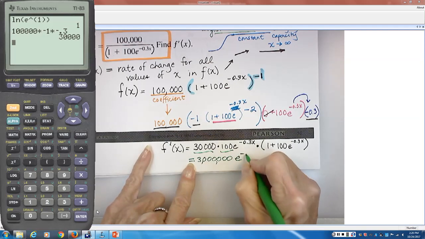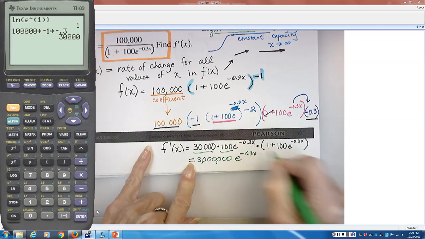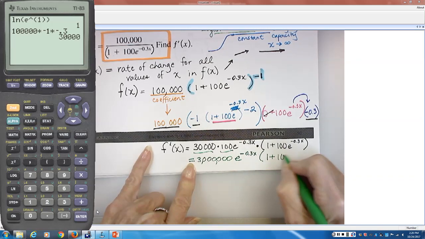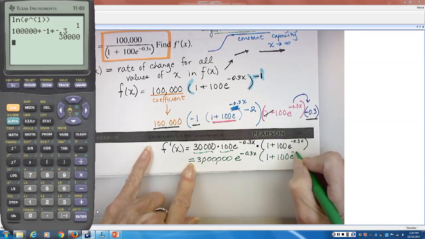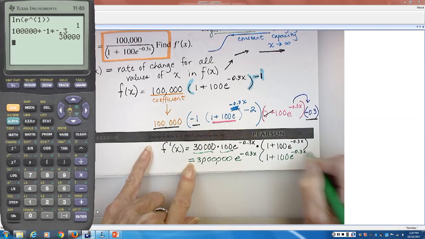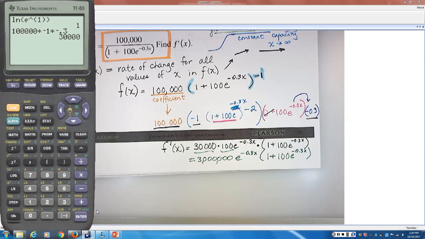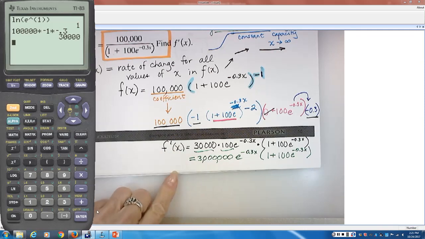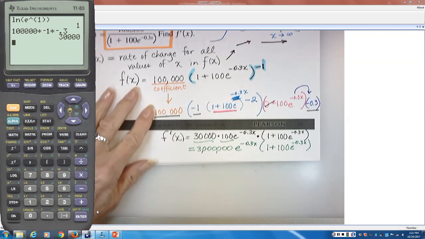E to the negative 0.3x times 1 plus 100 e to the negative 0.3x. Now you could actually do a little more multiplication, but that's down far enough to where I'm pretty sure I don't need a whole lot of extra parentheses. So that would be the final form.